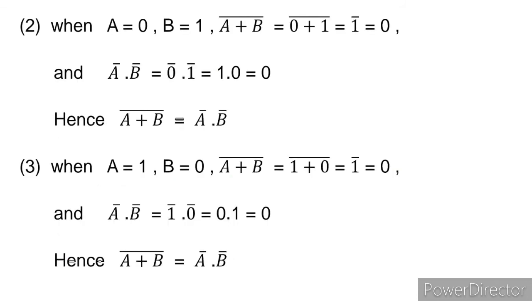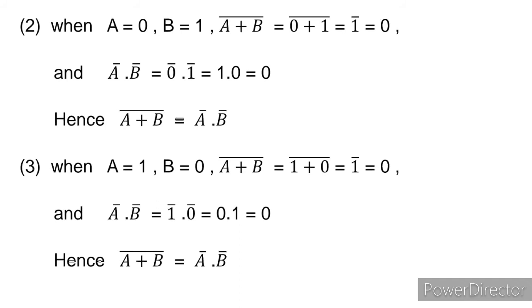Second, when A is equal to 0 and B is equal to 1, (A plus B) bar is equal to (0 plus 1) bar, which is 1 bar, which is 0. And A bar dot B bar is equal to 0 bar dot 1 bar, which is 1 dot 0, which is 0.